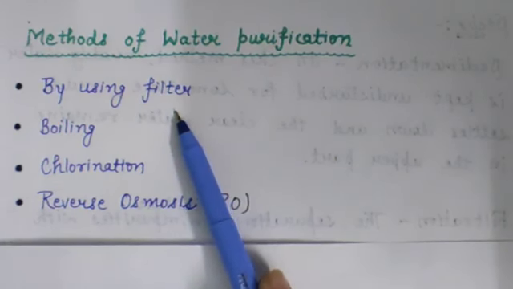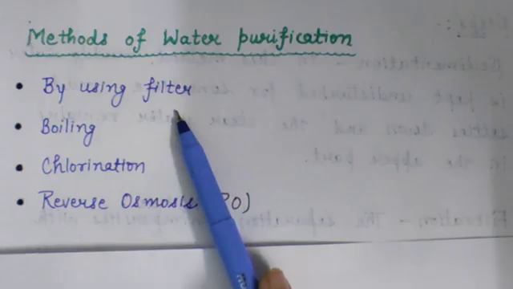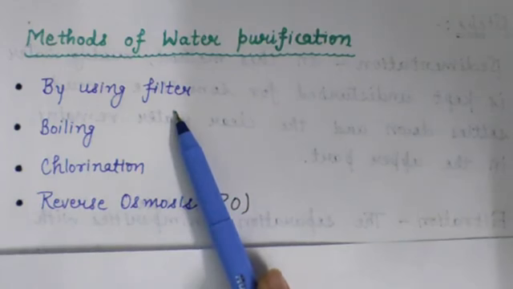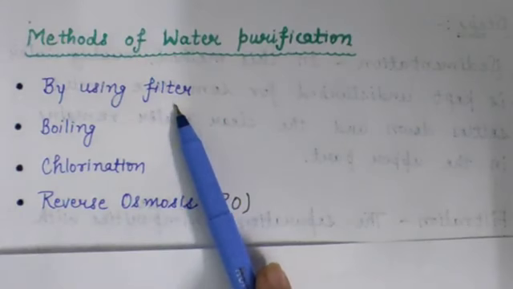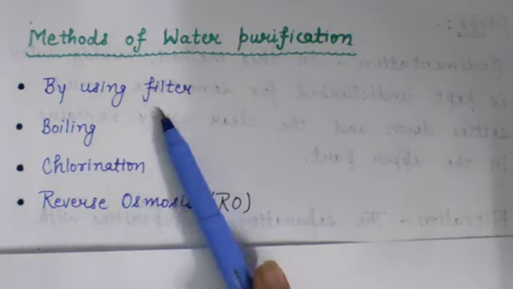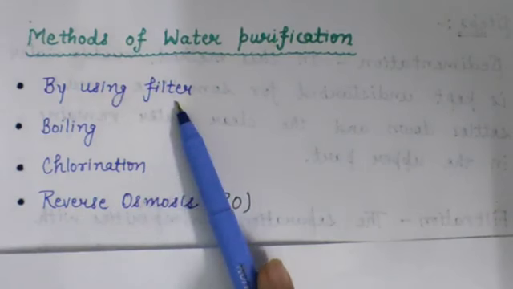In a filter there is a membrane which allows only pure water to pass through it, and other insoluble impurities are left over the membrane. So in this way a filter removes impurities. By using a filter we can purify the water.